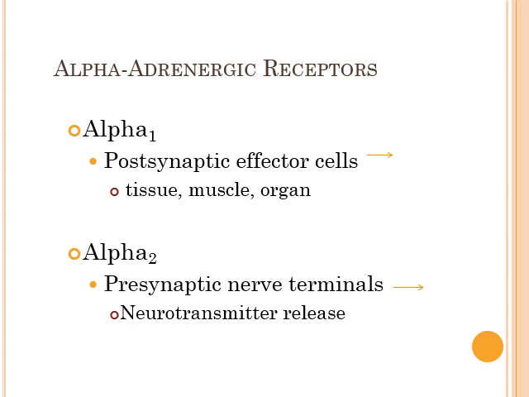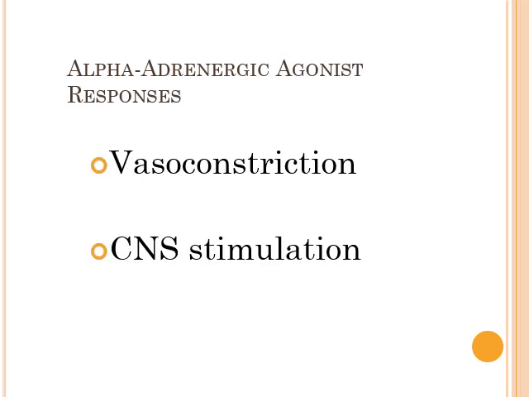Alpha-1s are postsynaptic effector cells, so those are related to tissues, muscles, and organs. Alpha-2s are the presynaptic nerve terminals, so they are in charge of the neurotransmitter release. The responses from our alpha-adrenergic agonists are vasoconstriction and CNS stimulation.